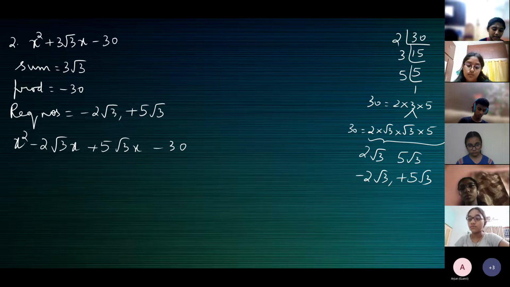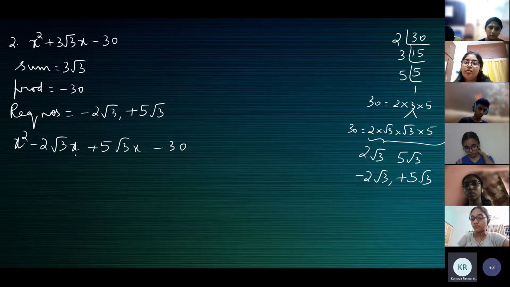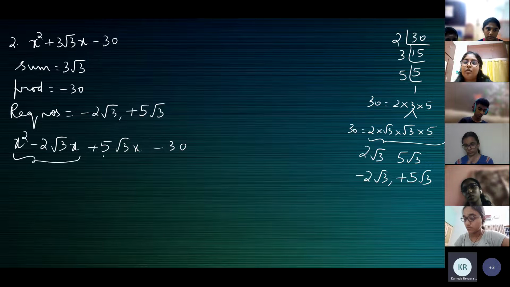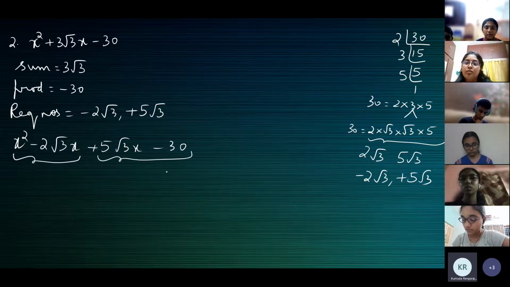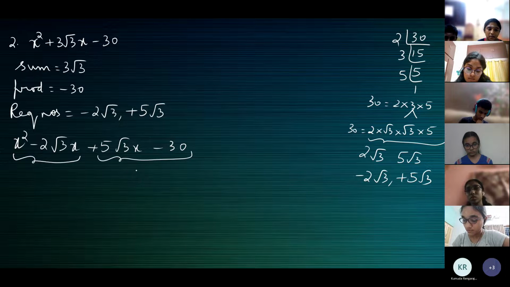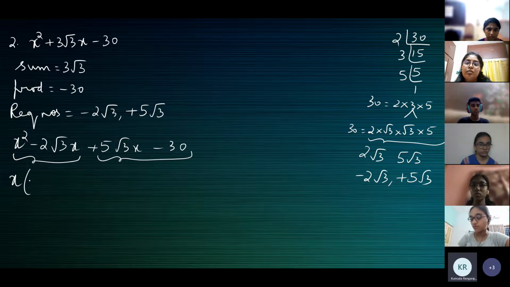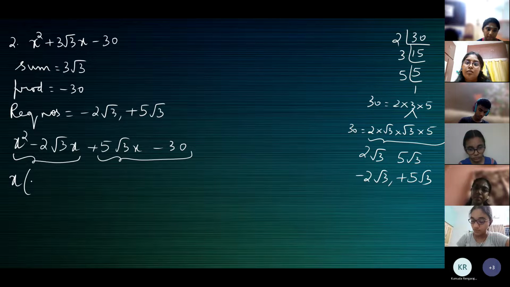Ma'am, the next step is x is common, ma'am. No, how do you explain that? We need to group the first two terms and the last two terms, correct? Yes, ma'am. Now what is common between the first two terms? X, ma'am. So in the bracket, x into what is x squared? X, ma'am.